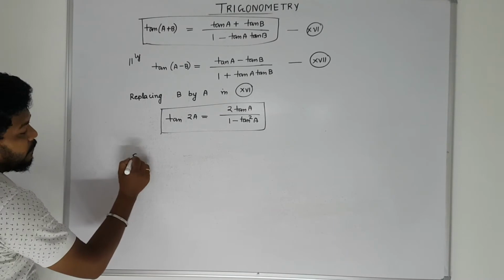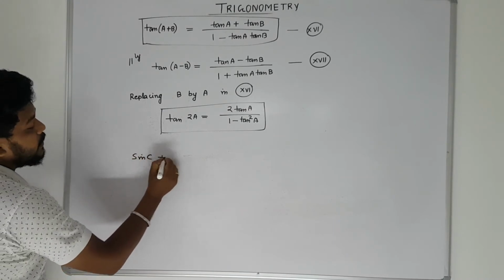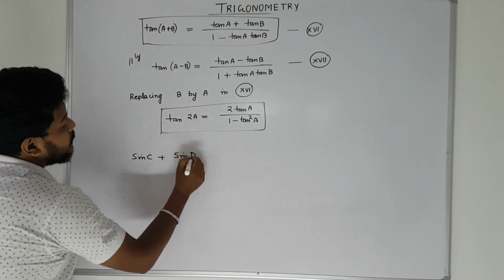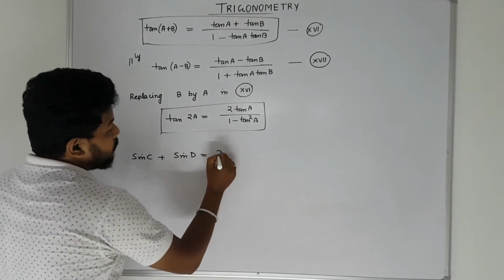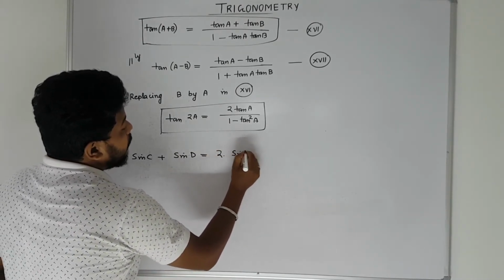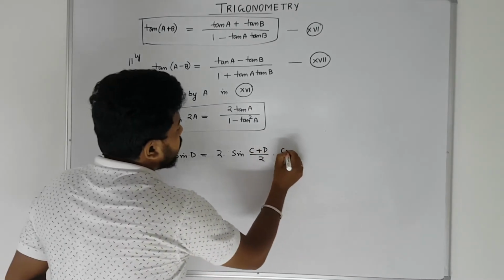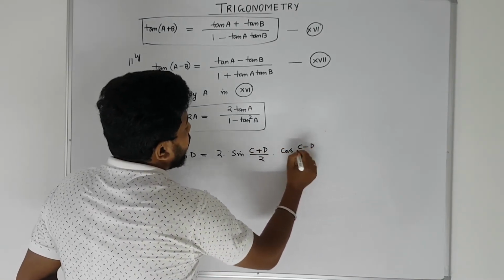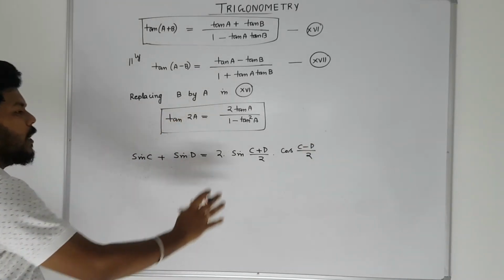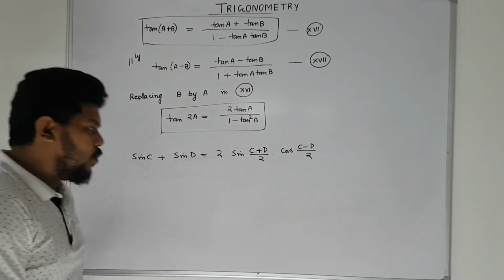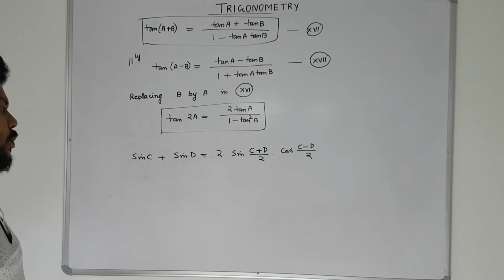These are, remember, sin C plus sin D is equal to twice sin (C plus D) by 2 into cos (C minus D) by 2. This formula is very useful for the problems of trigonometric functions.